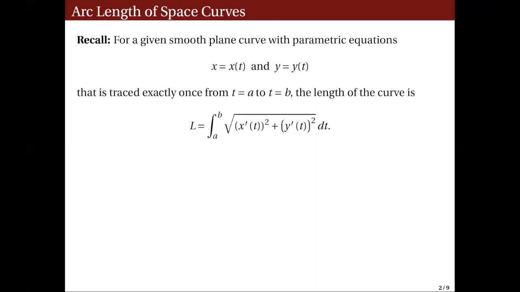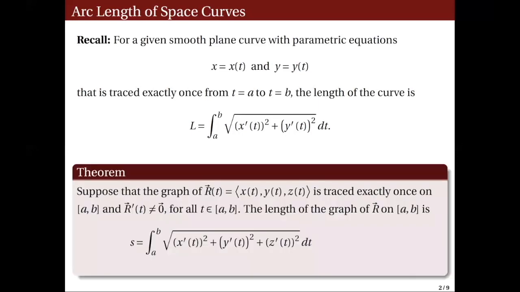We can extend this formula to curves in three-dimensional space. Suppose that a curve is parametrized by the set of equations x equal to x of t, y equal to y of t, and z equal to z of t. Or equivalently, the vector equation r of t equal to x of t, y of t, z of t.